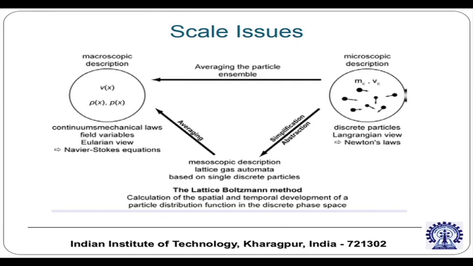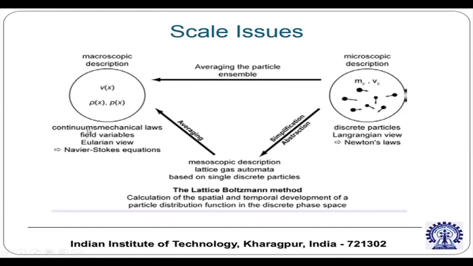So discrete molecules or atoms, these are like particles, and sometimes you directly capture their influence, sometimes you do a statistical representation. That means instead of modeling individual molecules, you statistically model a group of molecules having the same statistically averaged behavior.